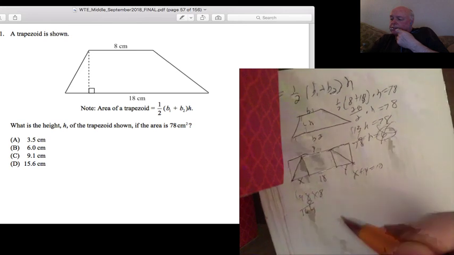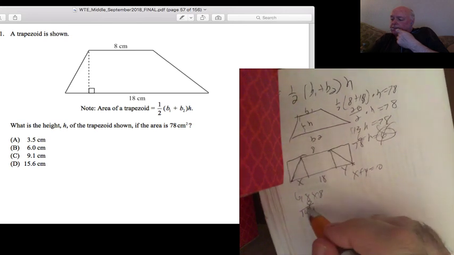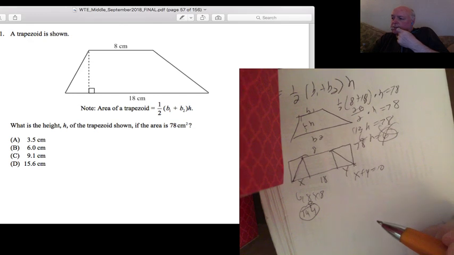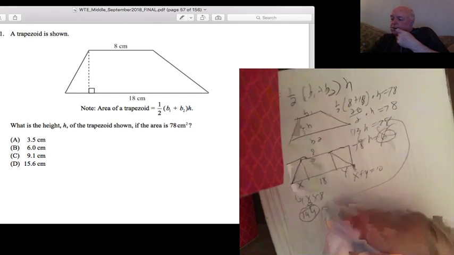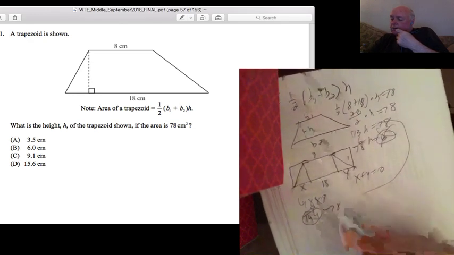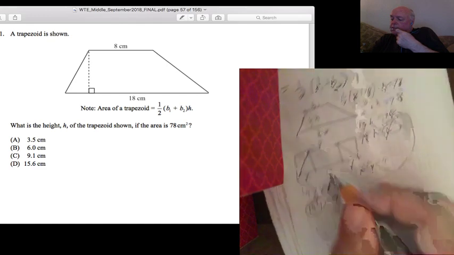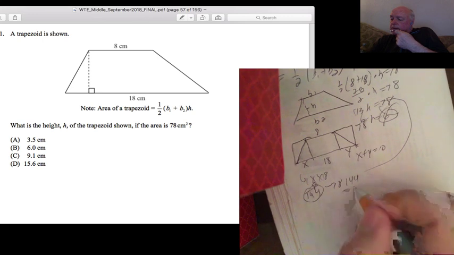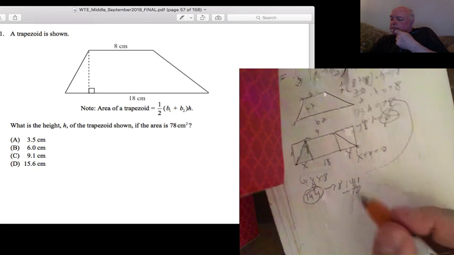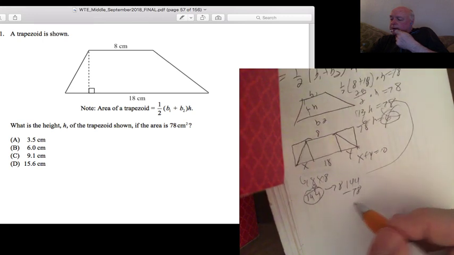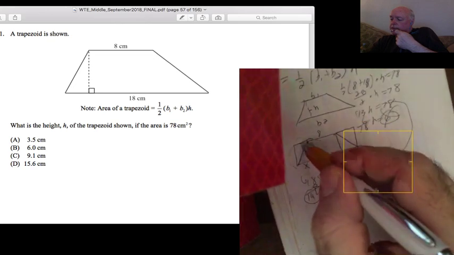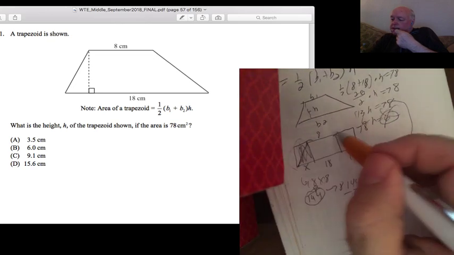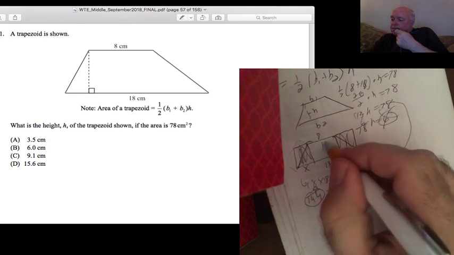And we know we're shooting for 78. So that's 144 minus 78, because we're going to take the part we know and subtract off the two other parts to find out how much area is left.